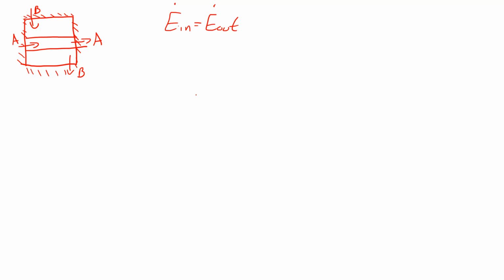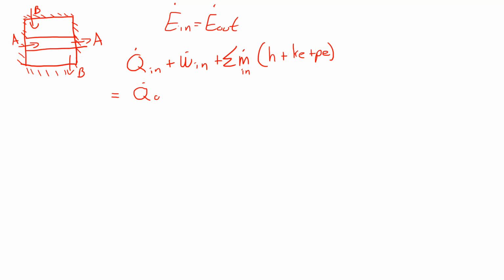If I carry out this first law analysis, I would end up with heat in plus work in plus the sum of all my mass flows in multiplied by each mass flow's enthalpy, kinetic energy, and potential energy equals heat flow out plus work out plus the sum of all my mass energy out multiplied by each mass flow rate's enthalpy, kinetic, and potential energy.